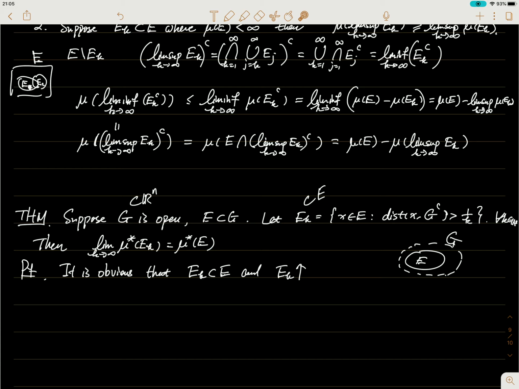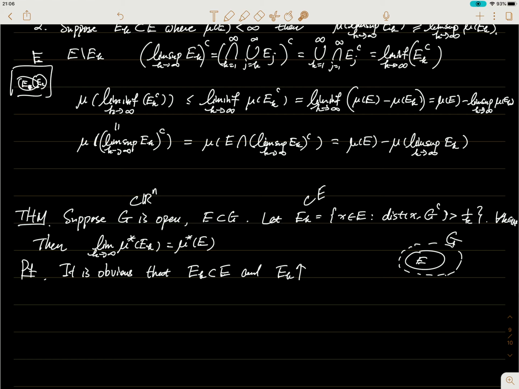Right? The points in EK, for fixed K, will also be in the set EK plus 1, because 1 over K plus 1 is an even smaller number, and their distance will definitely be bigger. If the distance between X and GC is bigger than 1 over K, then it must be bigger than 1 over K plus 1. Okay, so that's why the EK is actually a sequence of increasing sets.